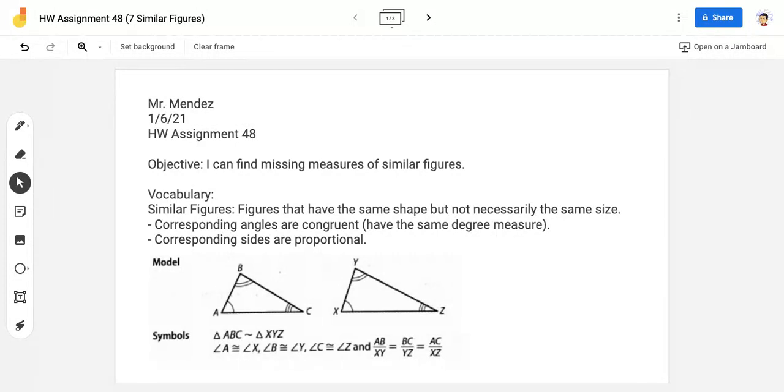Then it's also saying that angle A, that's a little symbol we're going to use for angle, is congruent to angle X, meaning they have the same exact measure. Angle B is congruent to angle Y. And angle C is congruent to angle Z.